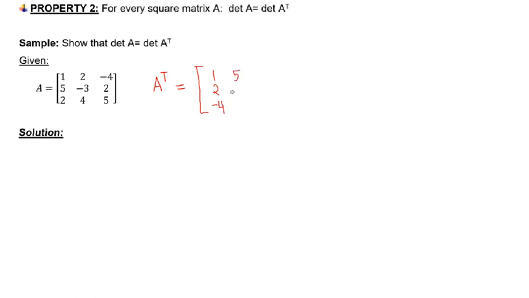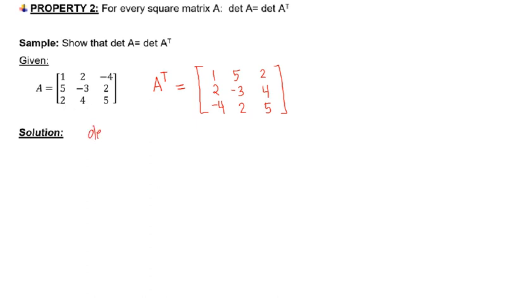We have 5, negative 3, 2, and we have 2, 4, and 5. So yan yung unang gagawin natin. Yung kukunin natin yung transpose ng ating determinant. So ipapakita natin if this property is true, na ang determinant ng A equal siya sa determinant ng transpose ng mismong matrix. So unahin natin yung determinant ng A.